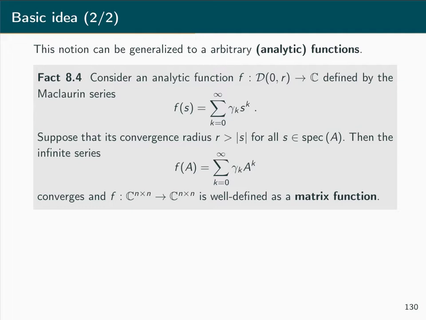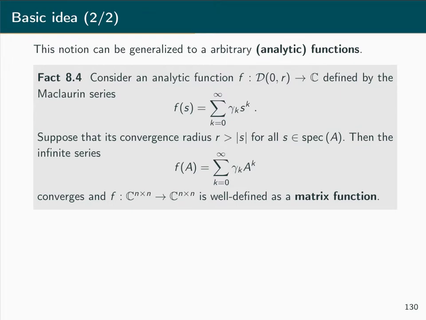Suppose that the convergence radius r of the Maclaurin series of the scalar function is greater than the absolute value of all eigenvalues of the matrix A. And we shall see in just a moment why we need this particular condition.